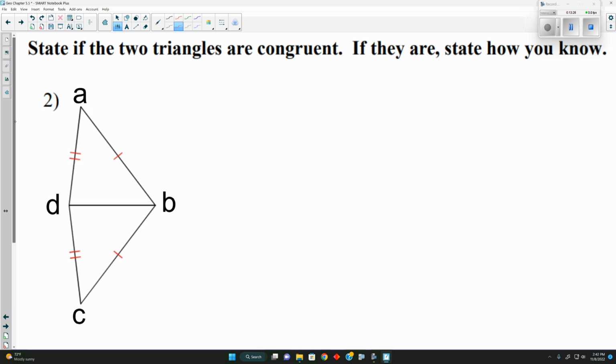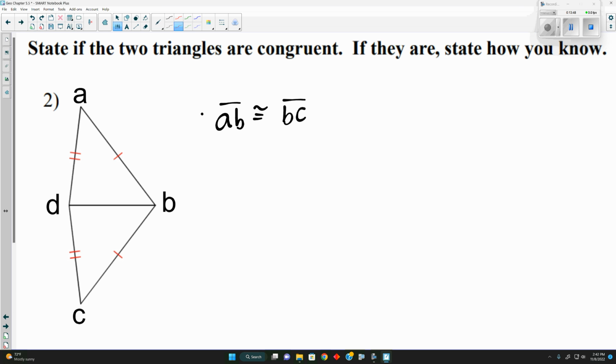So we want to state whether we know that the two triangles are congruent and then how. So if we look at these two triangles here, what do we know? Well, we know that AB is congruent to what? BC or CB.